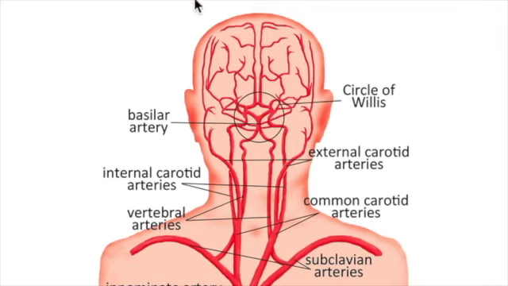What's quite important to know when we're talking about brain blood supply is that the blood comes through the arteries, from the internal carotid arteries all the way up to the brain, and at the bottom of the brain we have this important structure known as the circle of Willis. The circle of Willis is kind of the basis of the blood supply towards the rest of the brain.